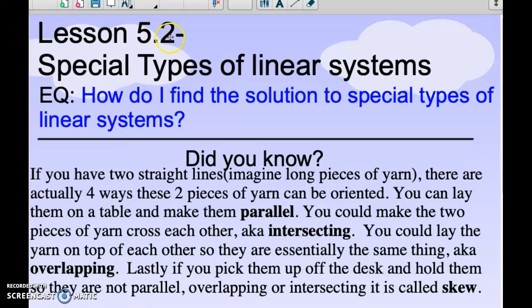Well, to me, the EQ is the goal or the objective. How do I find the solution to special types of linear systems? How do I separate numbers into rational, irrational numbers? Or what makes something irrational or rational? This is my goal or my objective that I want to display to my students so they know what's expected of them throughout the lesson.